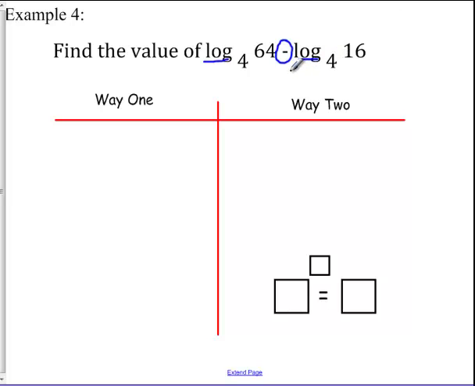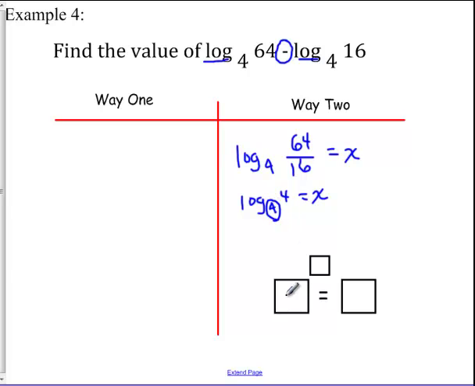Okay, so if I'm subtracting numbers, that meant Napier was trying to get people to divide numbers. So 64 divided by 16. So let's clean this up. Log base 4 of 64 divided by 16 is 4. Oh, this is not bad.